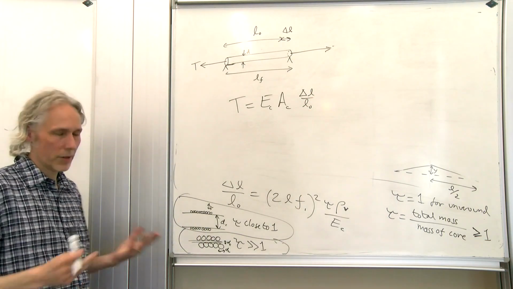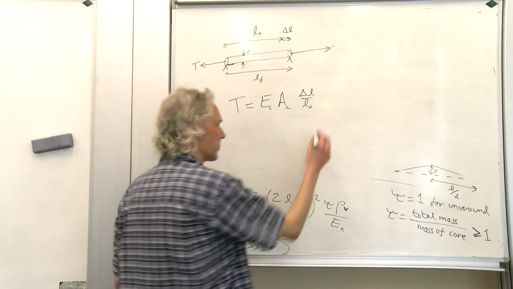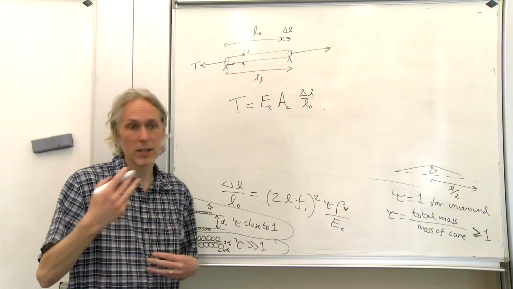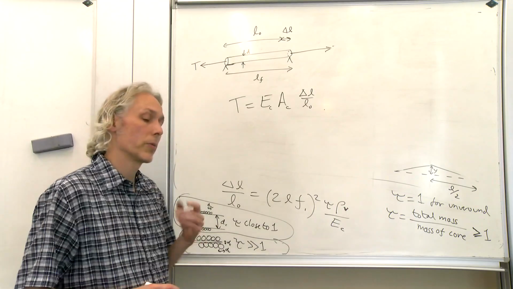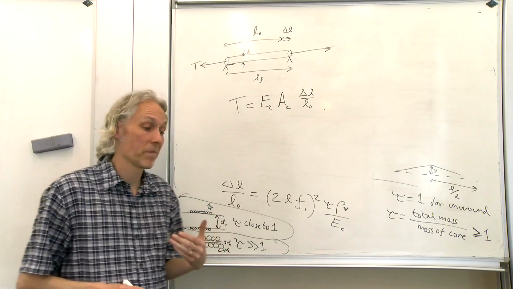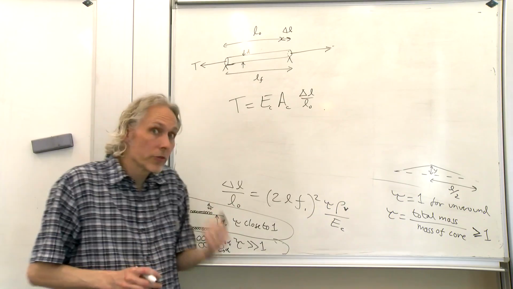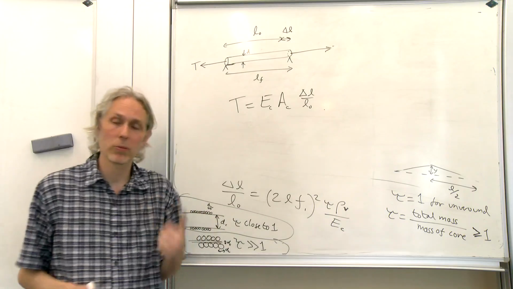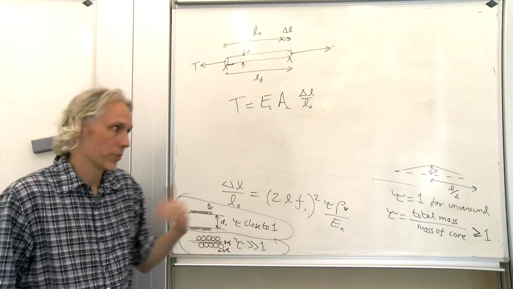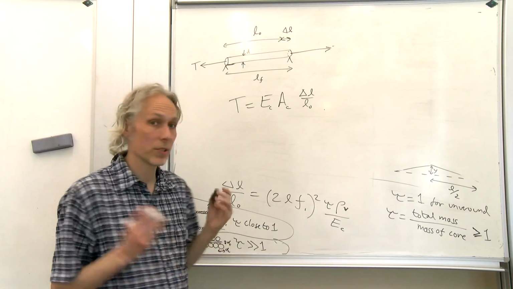So we want different strings, like the D string and the A string and the E string, the low E string. Maybe we want to have them with the same resistance, the same tension, and if you move them 9 millimeters to the side, we want them to have the same amount of pitch they bend through. How do we achieve that?